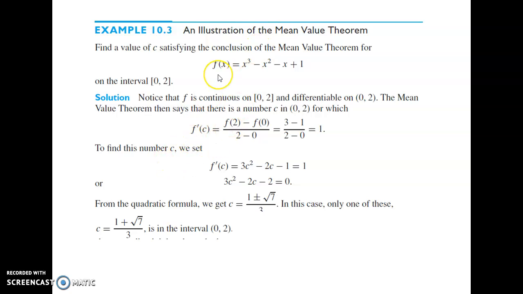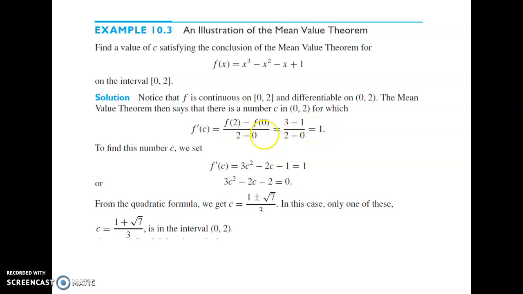Then I will find the slope of the secant from 0, f of 0 to 2, f of 2. So this is f of 2 minus f of 0 over 2 minus 0. So this is the slope of the secant line. So I just substitute f of 2 is 3, f of 0 is 1, then I get 1.